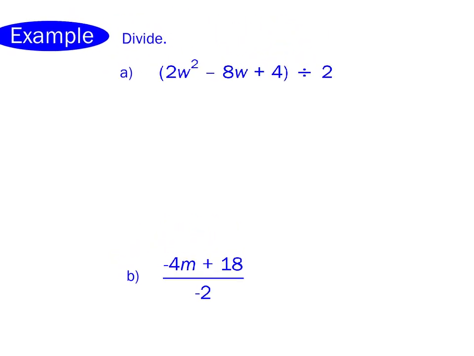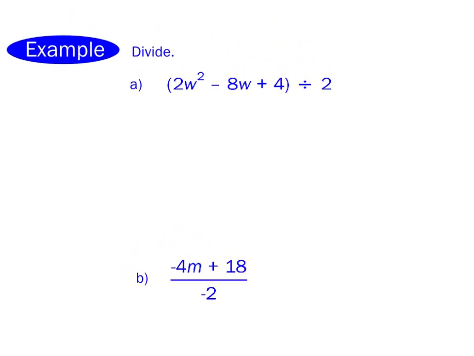We have it written out a different way, and that's okay. It's 2w squared minus 8w plus 4 divided by 2. We are dividing by 2. How many groups are there? 2. So we got group 1 and group 2. So 2w squared, how do we draw it? 2 big shaded squares.